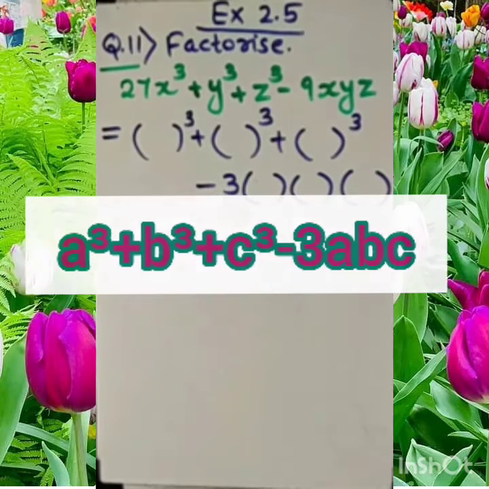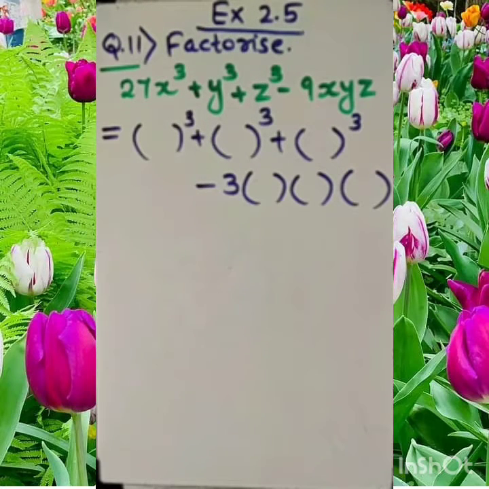These are the factors. Once again, I am explaining. First, a cube plus b cube plus c cube minus 3abc. Now in that, in place of abc, you can choose xyz also. Then the equation will become x cube plus y cube plus z cube minus 3xyz.